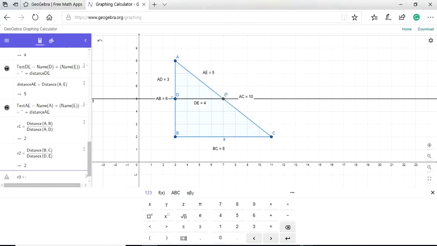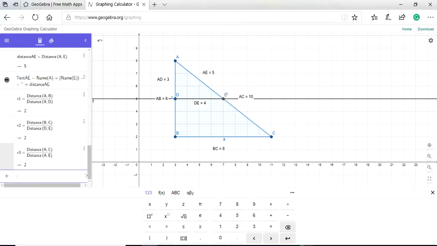And then lastly, our last side, we're going to go from A to C over the distance A to E. And you see that they all are 2.